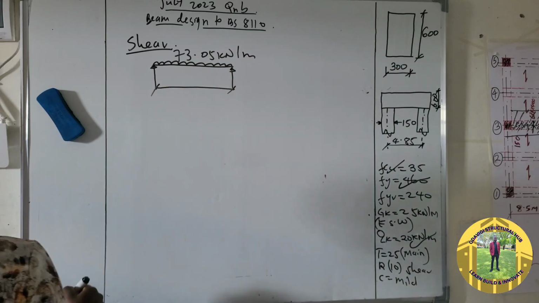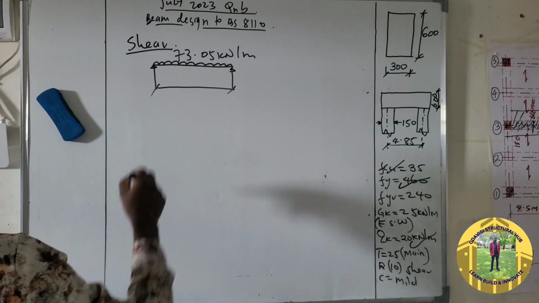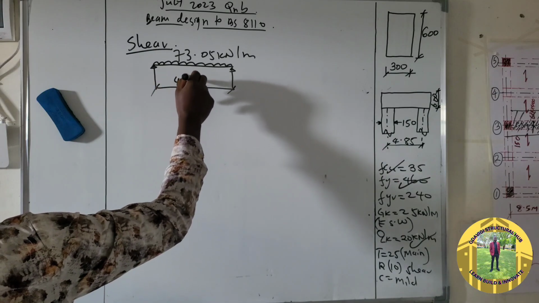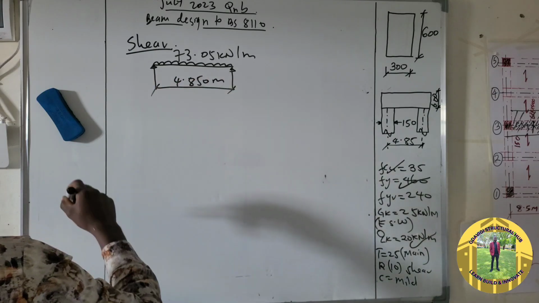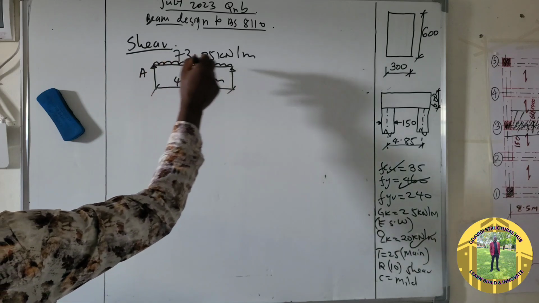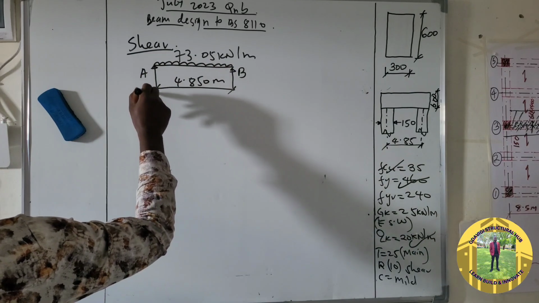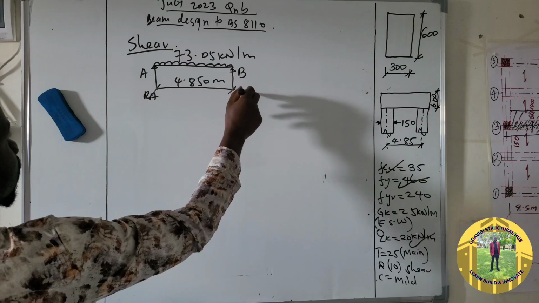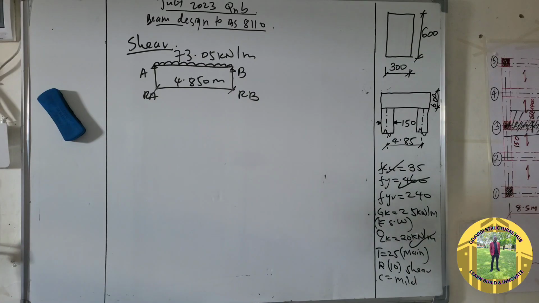So the effective span is 4.850 meters. So this is A, B. So this is RA, RB.